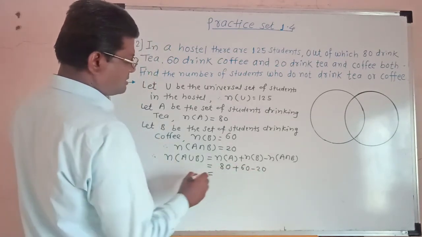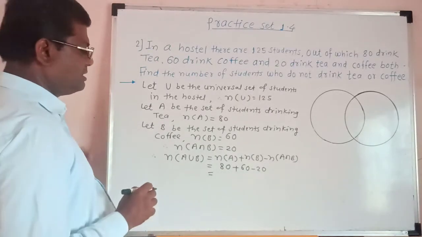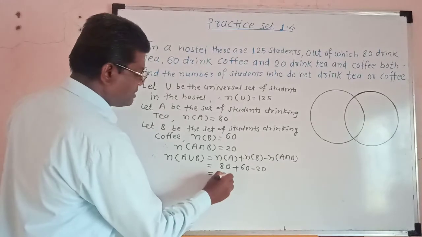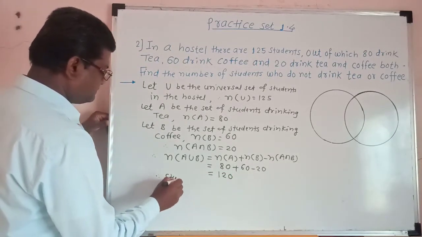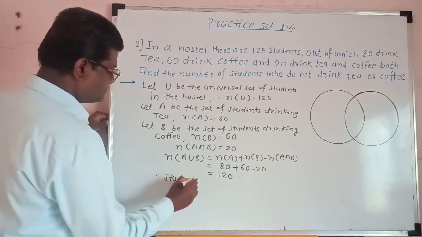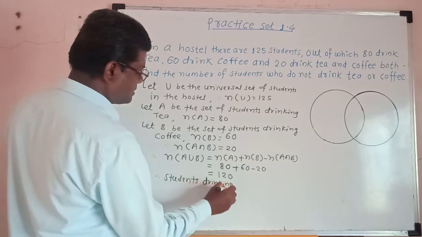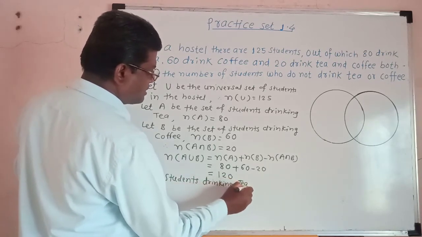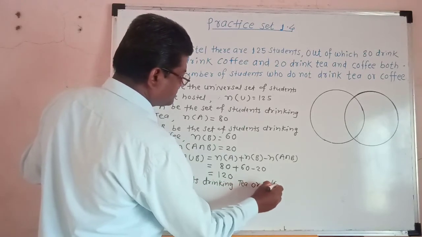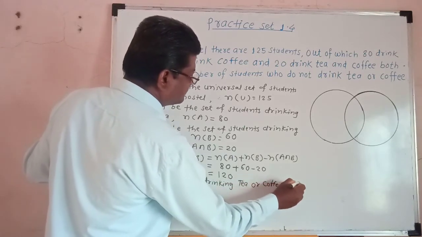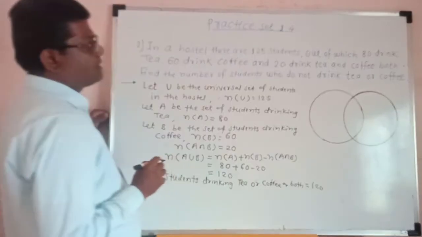So 80 plus 60 is 140, and 140 minus 20 will be 120. Therefore, students drinking tea or coffee or both is equal to 120.